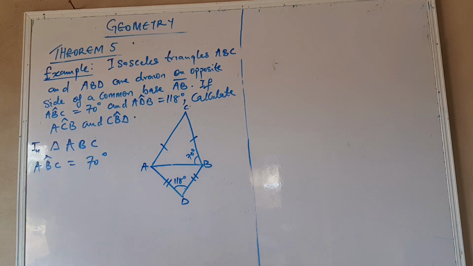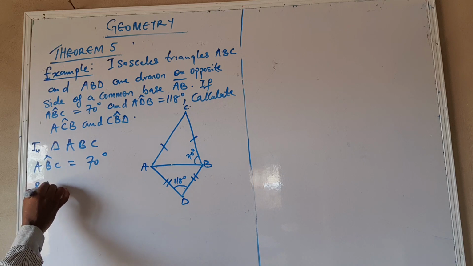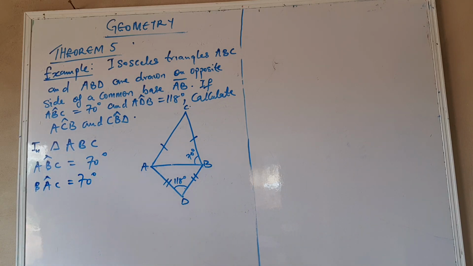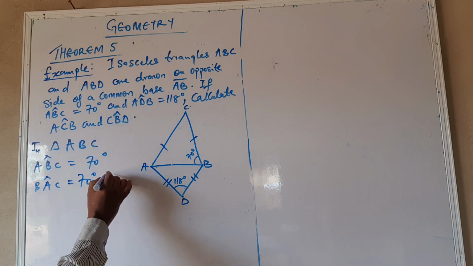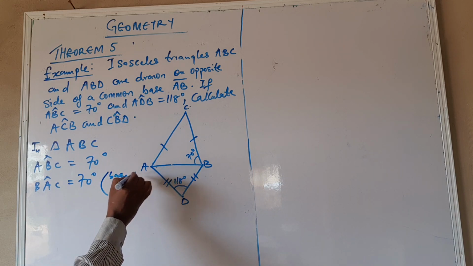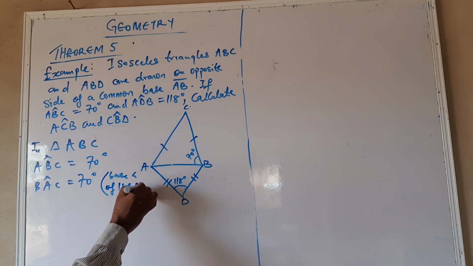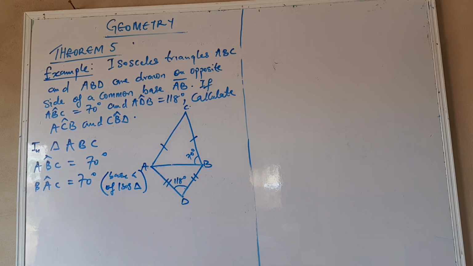So we can say that our BAC is also 70 degrees. And what is the proof? That is the base angle of an isosceles triangle. So they are the same.